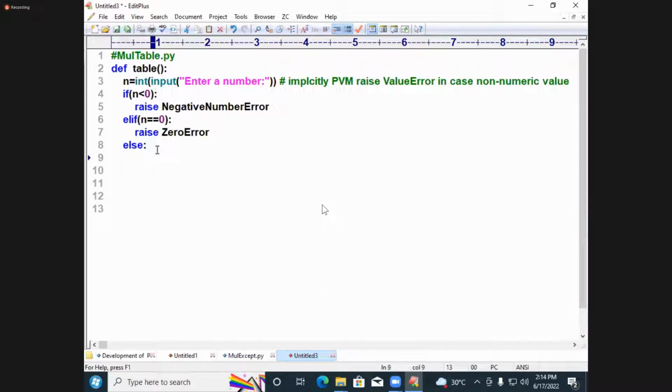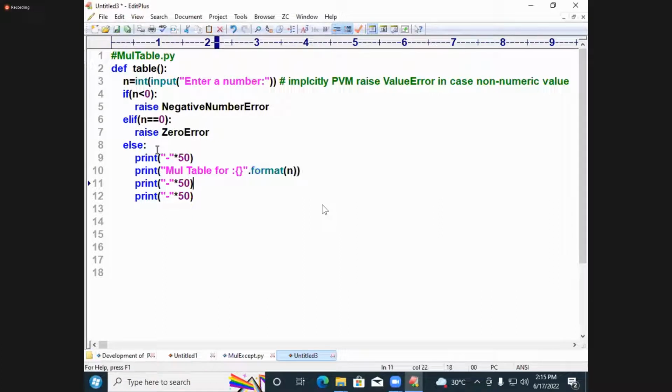Multiplication table. I'm writing 50. And inside of it, I'm writing print of MUL table for, dot format of n.